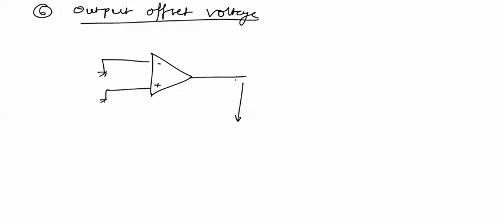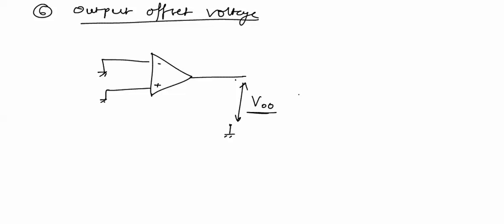Now the last is output offset voltage. If we have both the input terminals of op amp grounded, and if there exists any voltage difference between output terminal and ground, this voltage is called output offset voltage.